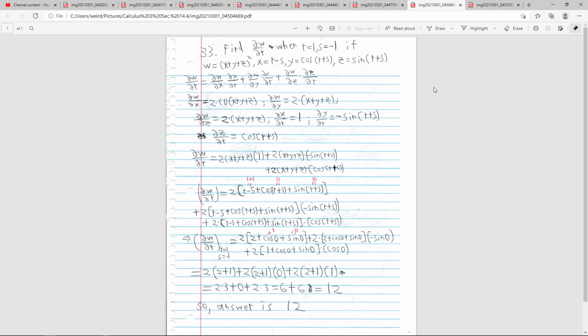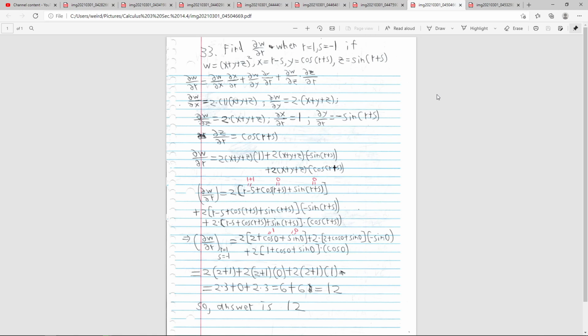Okay, final part is finding specific values with the chain rule. In this case, you have to do dW/dr, and this time we have all three parts of it. You can read it at your own pace.